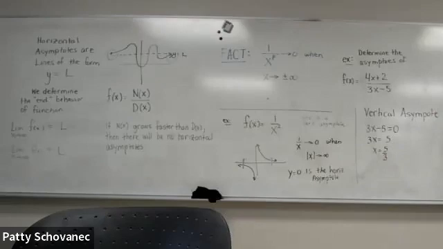To get the horizontal asymptote, we need to take the limit as x goes to infinity.